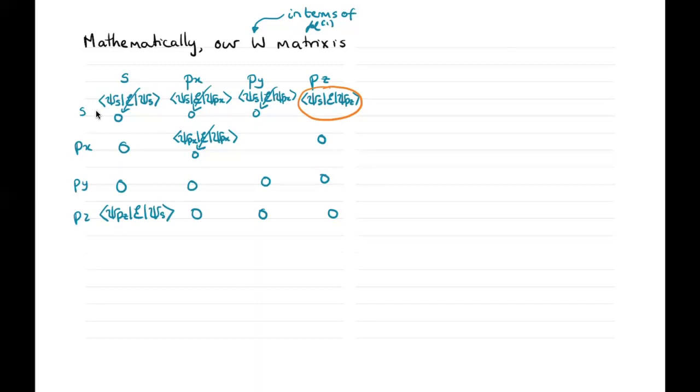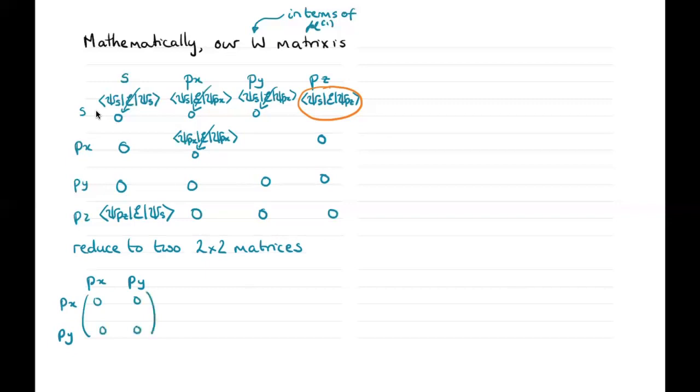So I can see that my matrix is actually block diagonal. I can reduce this to two 2 by 2 matrices. One in a basis of px and py, which is just all zeros, which shows us immediately that there's no change in the energies of the px and py orbitals.